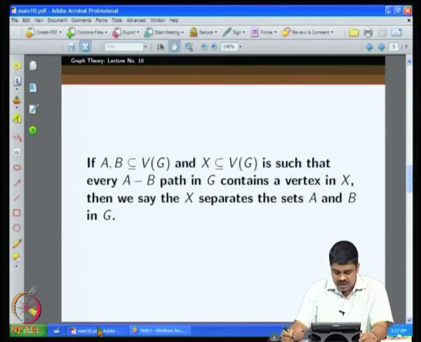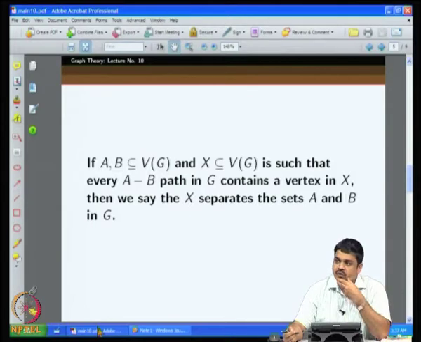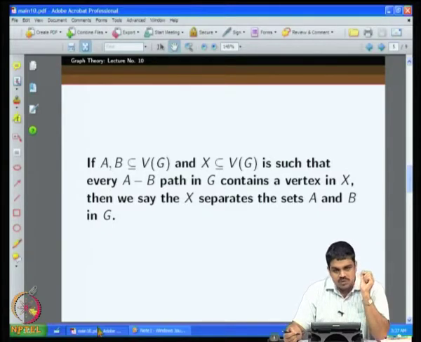We say that a collection of vertices X is such that, if every AB path in G contains a vertex in X, then this set X separates the sets A from B in G. In other words, given A and B, we are looking for a subset X such that if I remove X from the graph, there won't be any more AB path in the graph, or every AB path should pass through X. Then we say that X separates A from B.